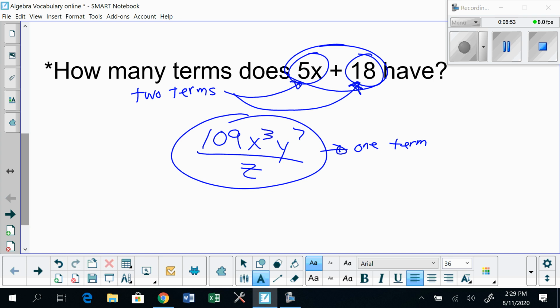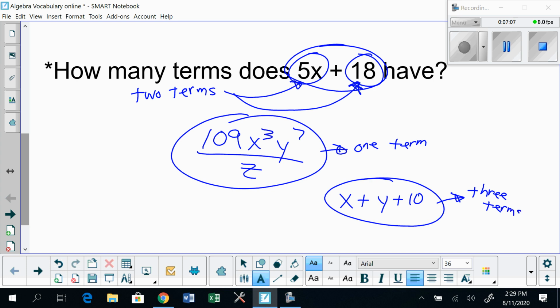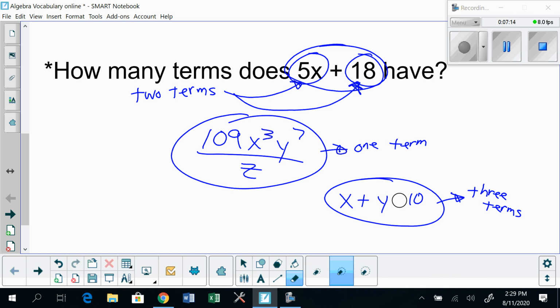We'll focus on that later. And then you could have a seemingly smaller expression like this, and this would be considered 3 terms because there's 2 plus signs here. And you know what? I'm going to make one of those plus signs a minus sign just to show it could also be a plus sign or a minus sign. That's how you determine the number of terms in a problem.